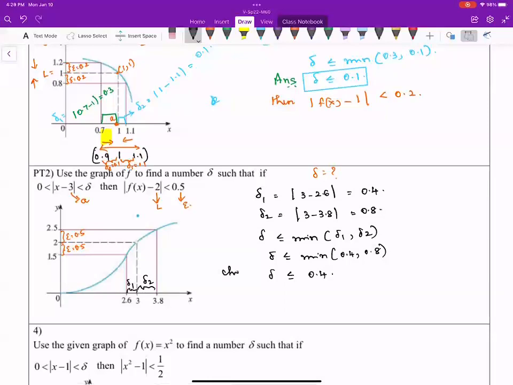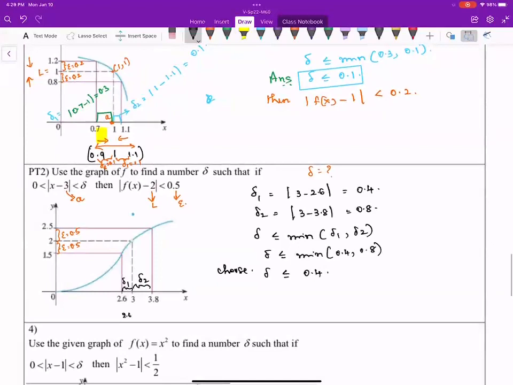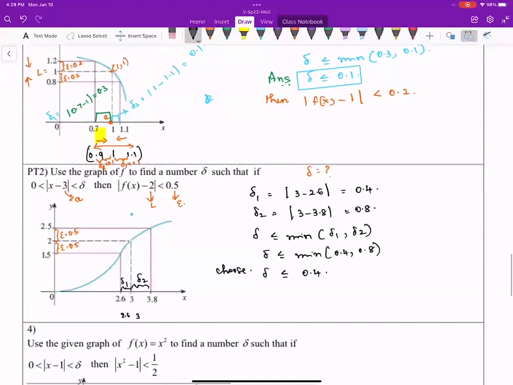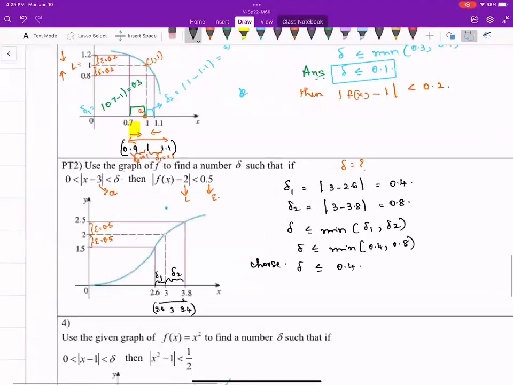So you choose your delta, which means that you can only go to the left up to 2.6 and to the right only up to 3.4. If your x lies in this neighborhood, 3.4 on the right side and 2.6 on the left side, you're making the distance uniform.